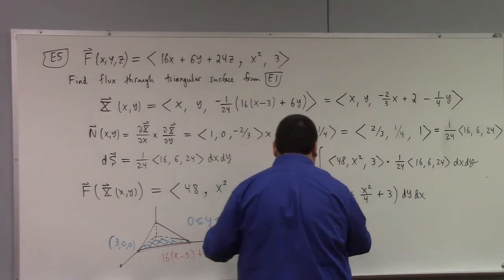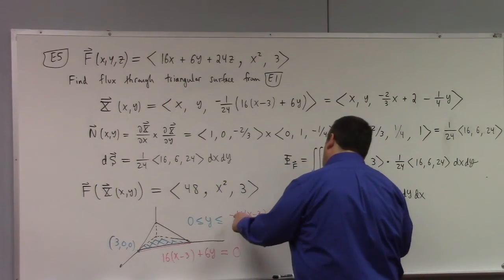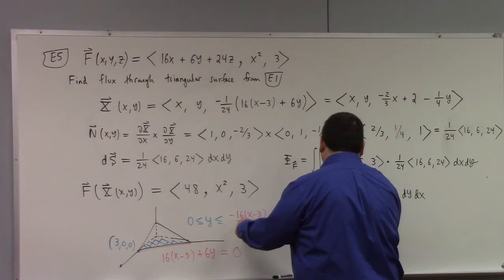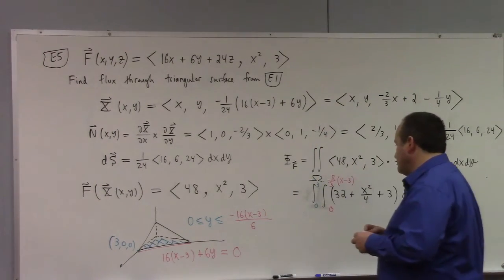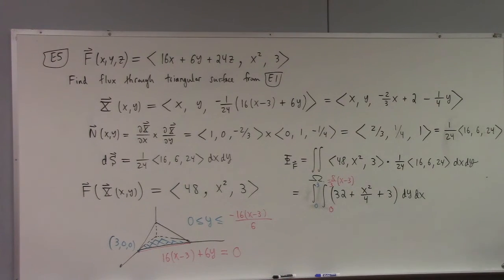So my bounds should go from 0 to 16 over 6, which is really 8/3, so minus 8/3 times x minus 3. And then we all know how to finish that. I just wanted to do the tricky part. I think setting up the bounds is the tricky part, right? A little bit.